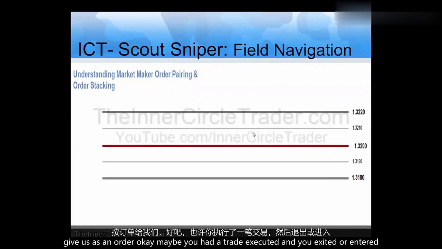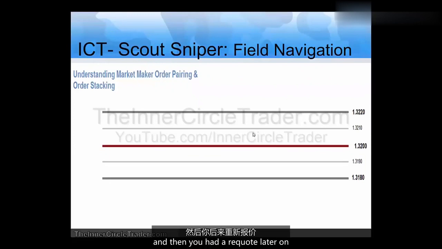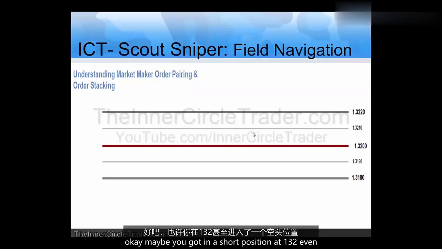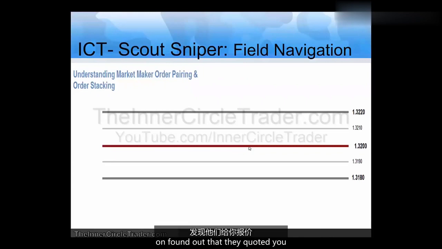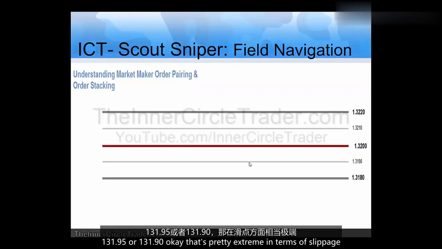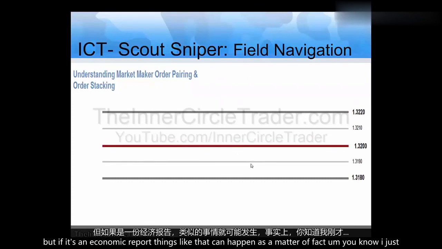Maybe you had a trade executed and you exited or entered, and then you had a requote later on. Maybe you got in a short position at 132 even, and then later on found out that they quoted you 131.95 or 131.90. That's pretty extreme in terms of slippage, but if it's an economic report, things like that can happen.